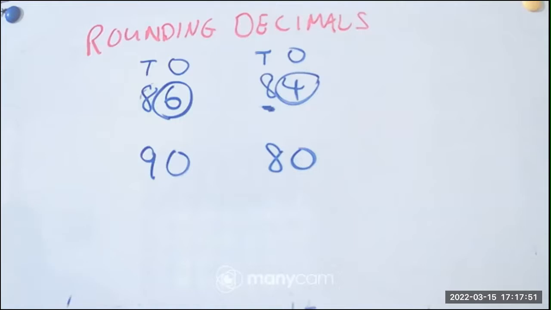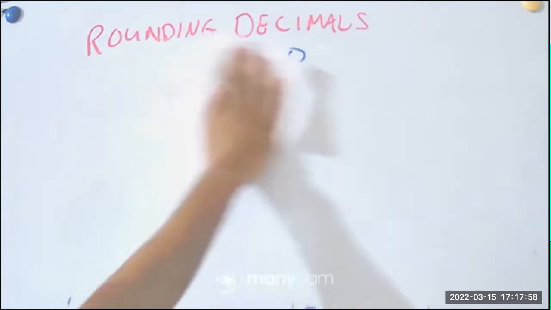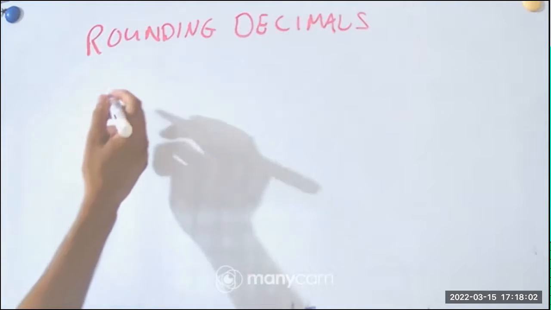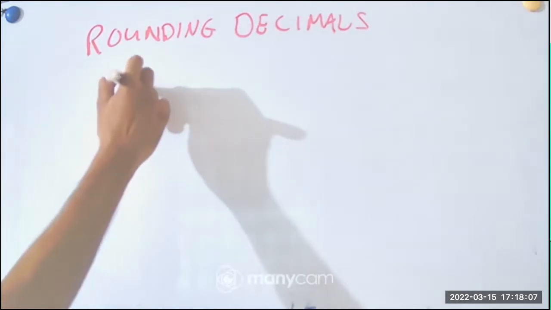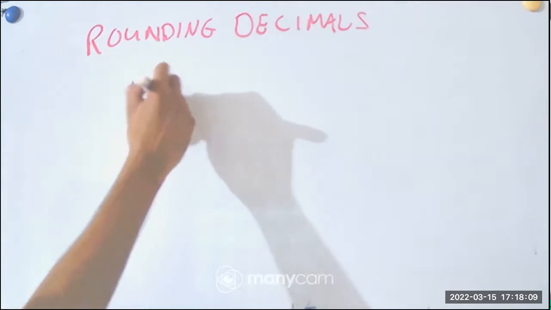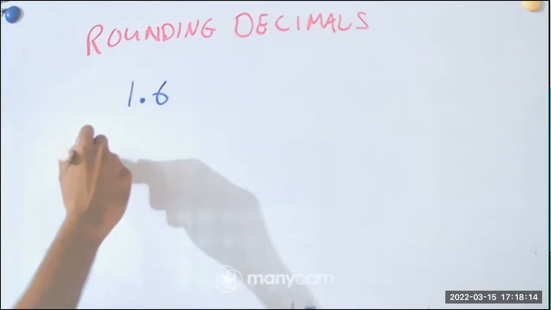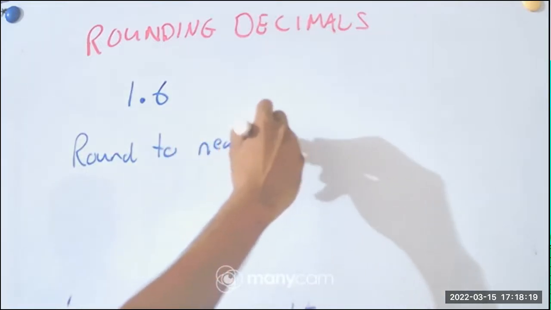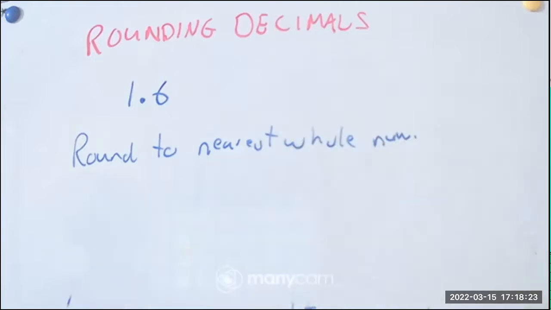Now let's look at decimals. In the first instance, rounding decimals to whole numbers. Suppose we are given this number, and I ask you to round to the nearest whole number. What do I do?